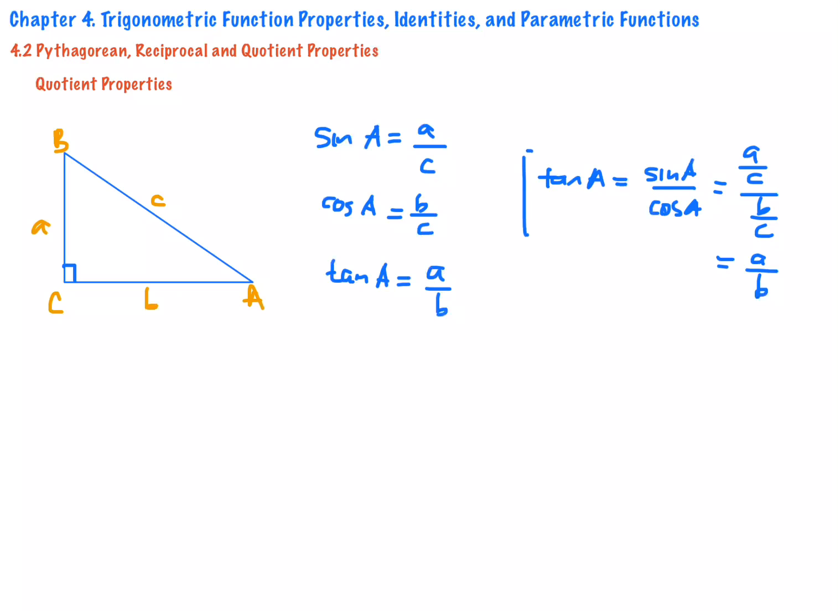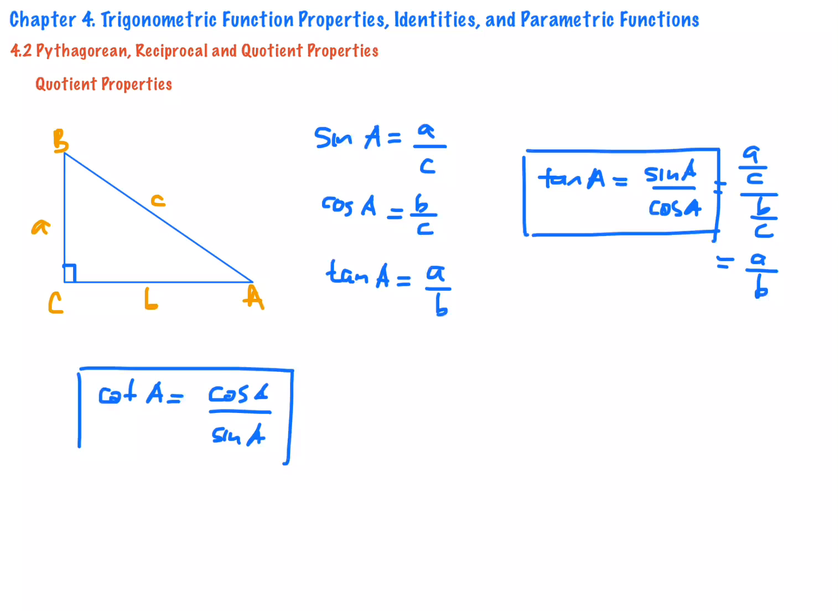So if tangent a is equal to sine a over cos a, then we can also say that cotangent a will be equal to cos a over sine a. So this is the quotient properties.